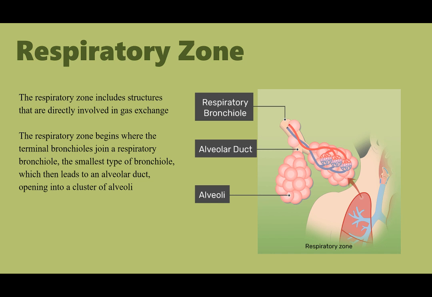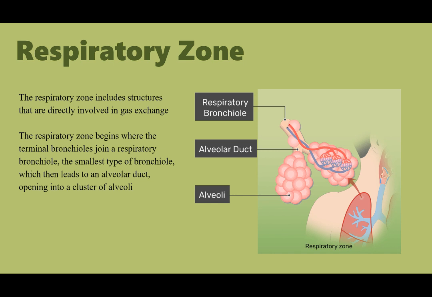The second one I want to talk about is the respiratory zone. The respiratory zone includes structures that are directly involved in gas exchange. Gas exchange is simply breathing in oxygen and breathing out carbon dioxide.